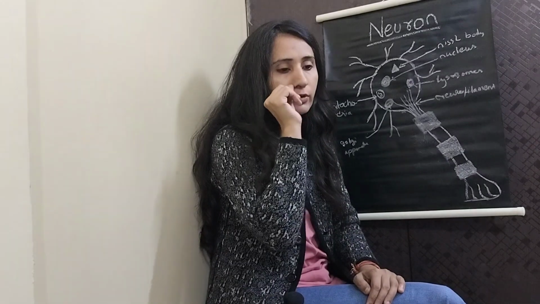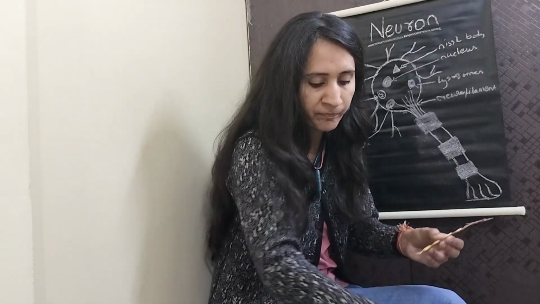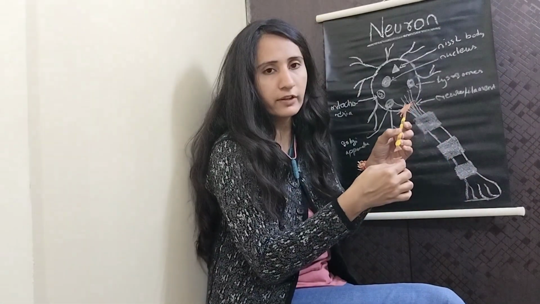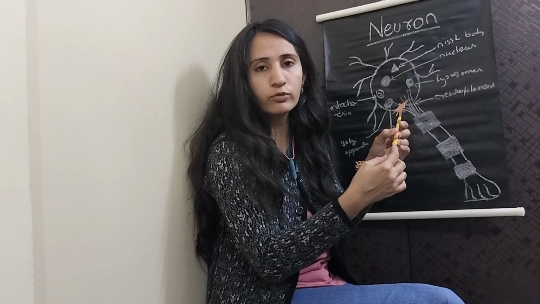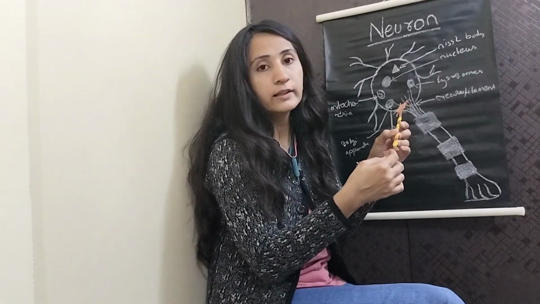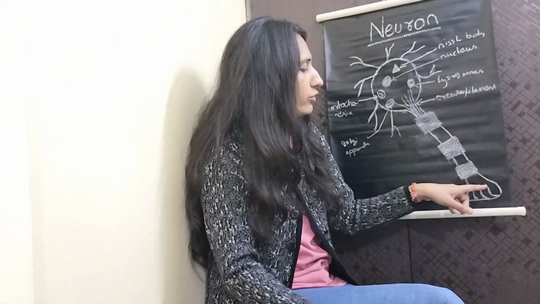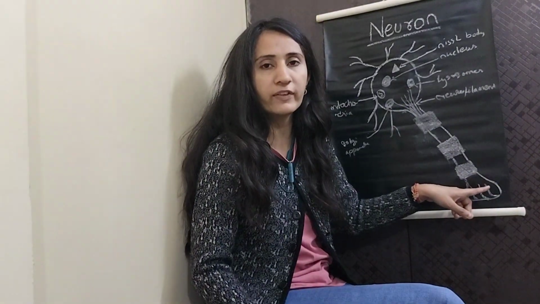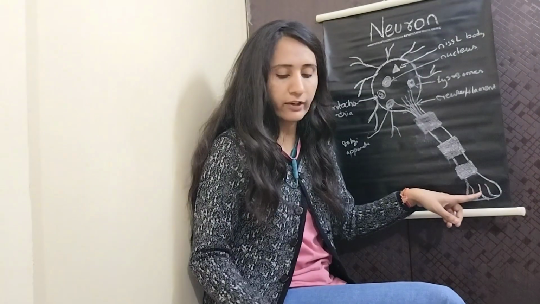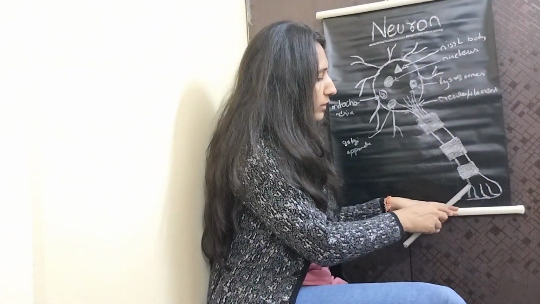Towards the end of the neuron, when we want to pass the impulse, we need some chemicals to pass. These small pockets of chemicals are formed with the help of smooth endoplasmic reticulum present at the end of the axon, at the terminal knobs.